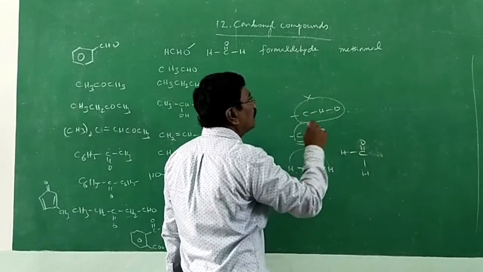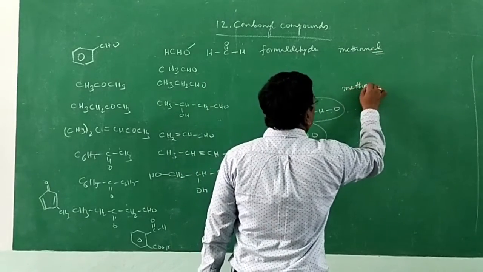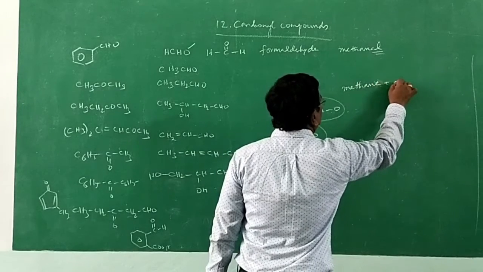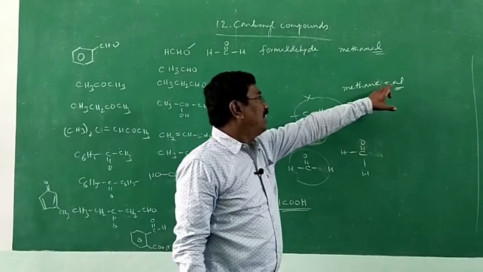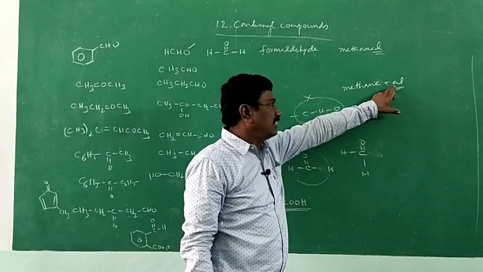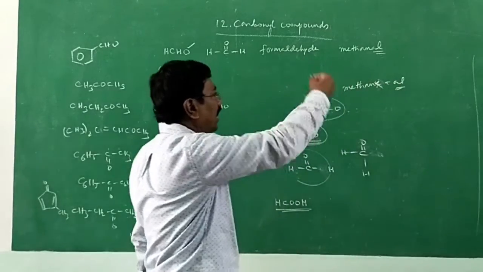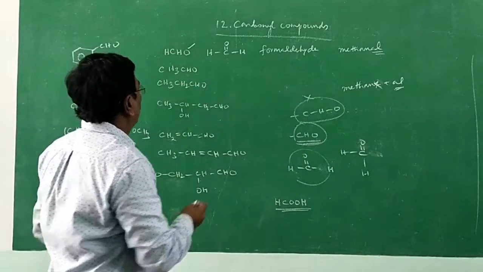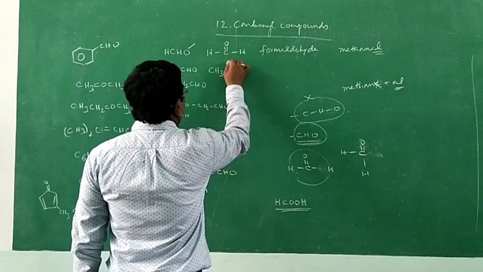Therefore, an aldehyde should end with the suffix al. Methane, instead of e, we add the suffix al. Whenever a suffix starts with a vowel letter, e has to be eliminated. Therefore, methanal.